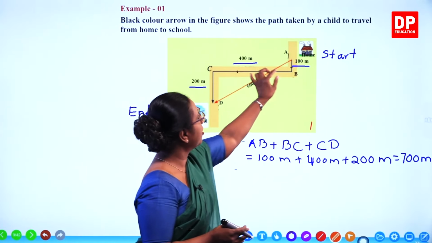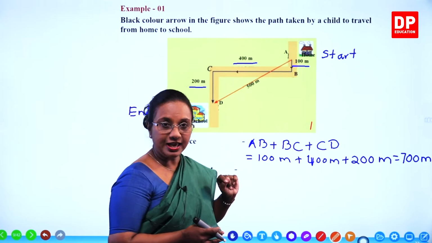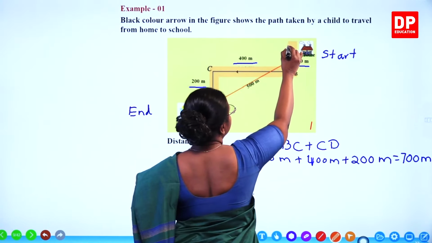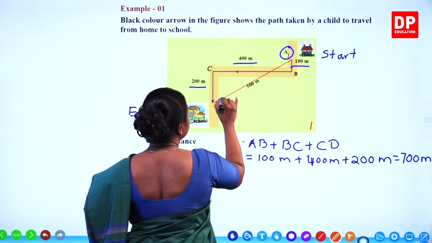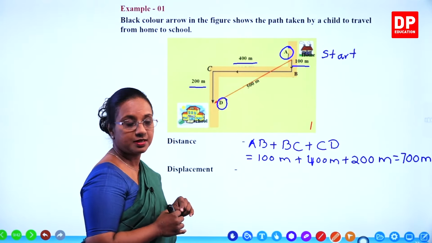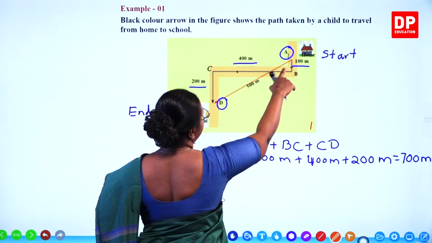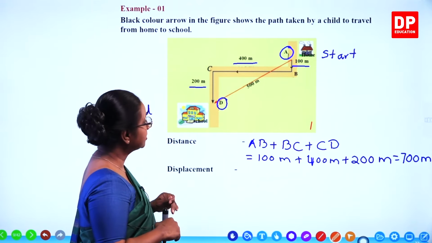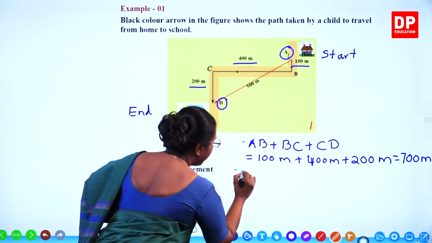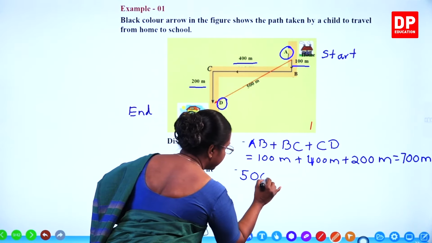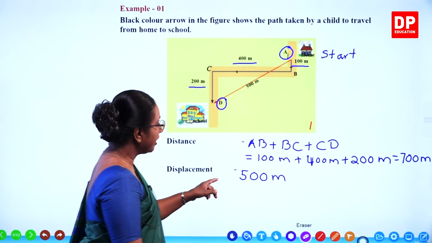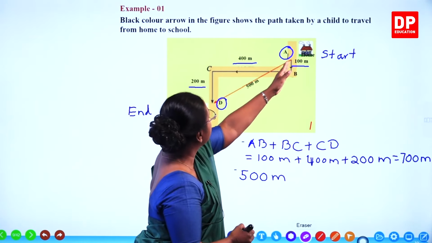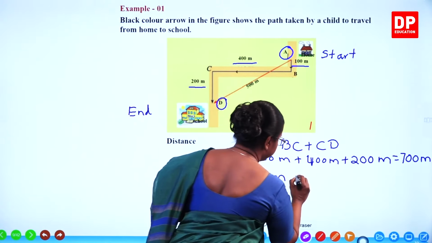We look at the points, the starting point A and the end point D, and we use them for our direction. And also, here they have marked the length of this path, that is the shortest distance, that is 500 meters. 500 meters, the direction will be from A to D.